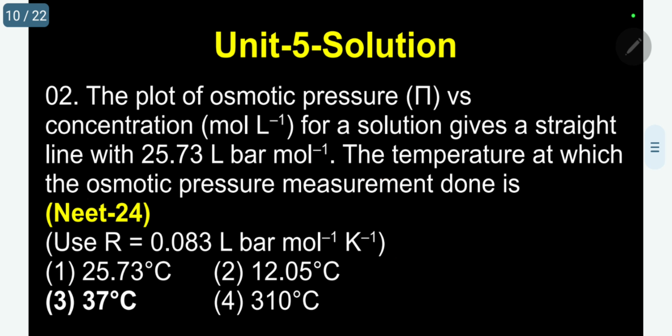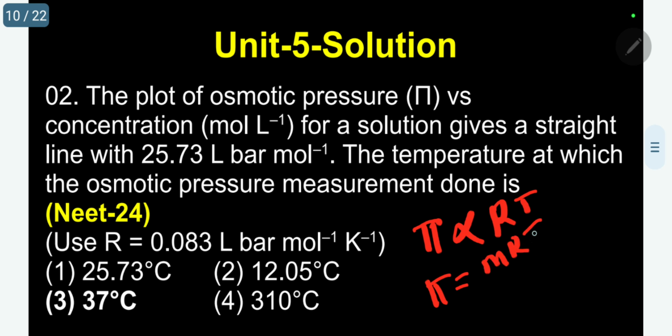For this, the formula is: osmotic pressure pi is directly proportional to RT, or I can give it now as pi equals MRT, where capital M is the molarity.